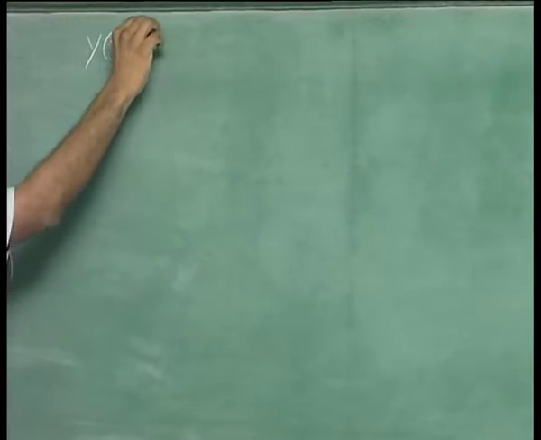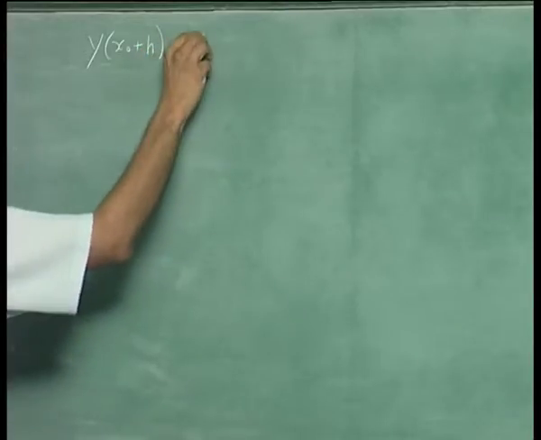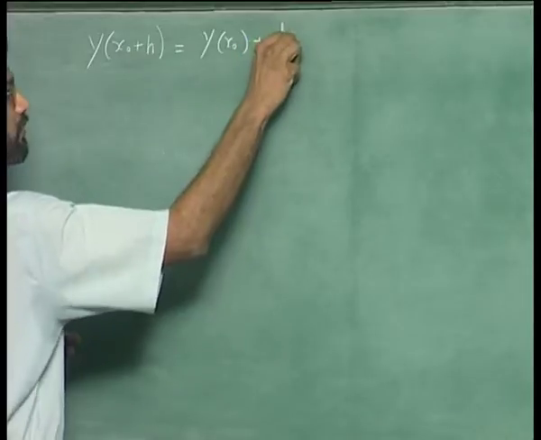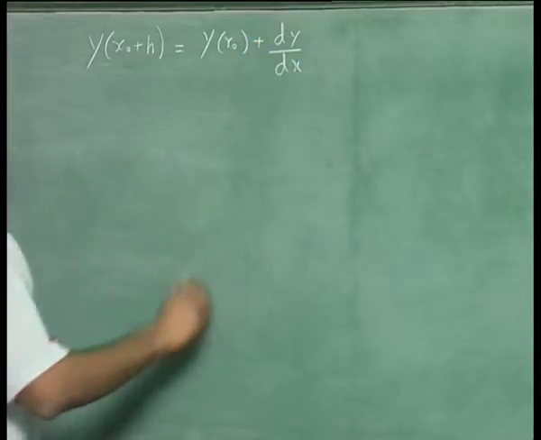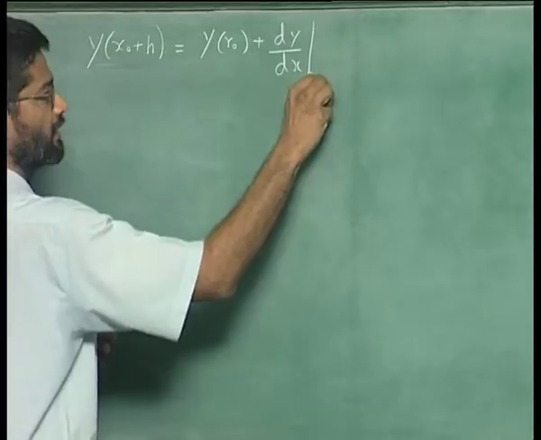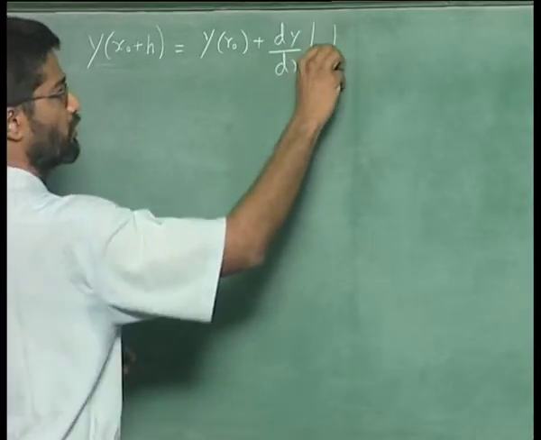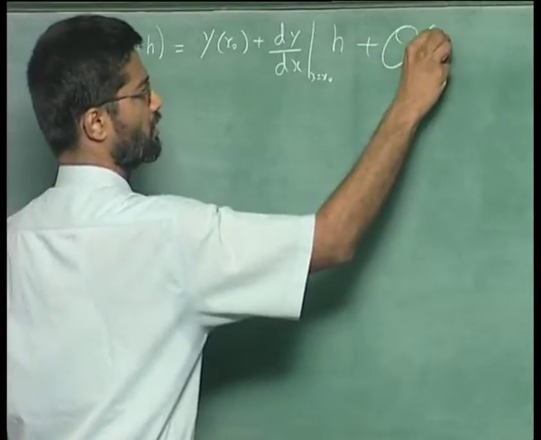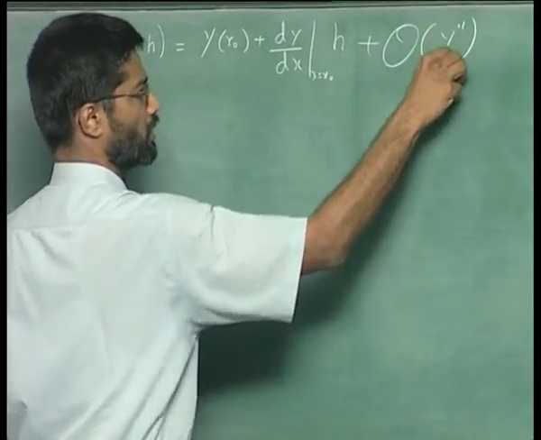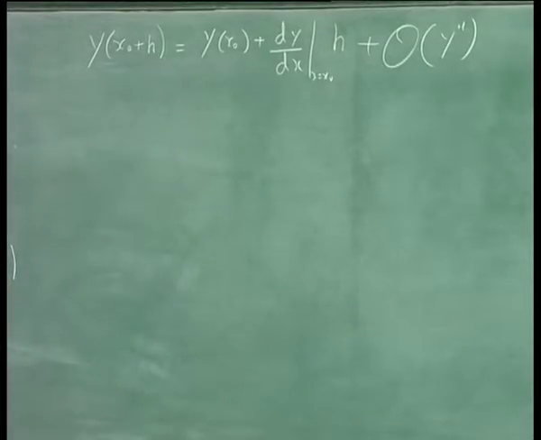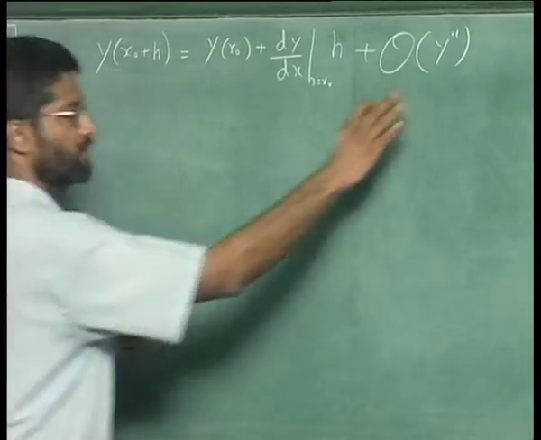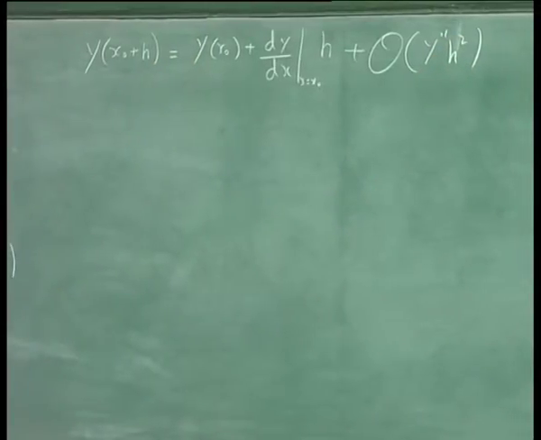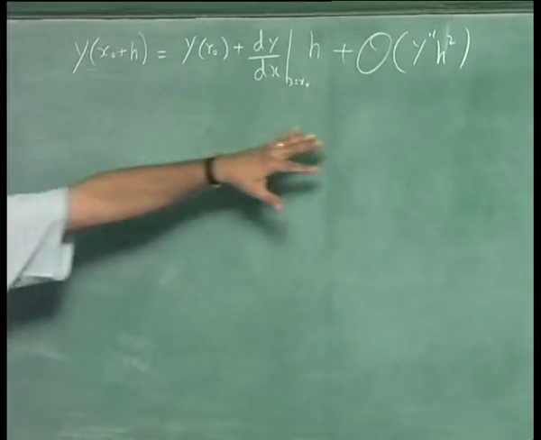That is equal to y of x0 plus dy by dx at x0 times h, the Taylor series expansion, and something of the order d squared y by dx squared, that is y double prime, times h squared, is left out. So something of the order y double prime times h squared is left out. That's the error in this approximation.